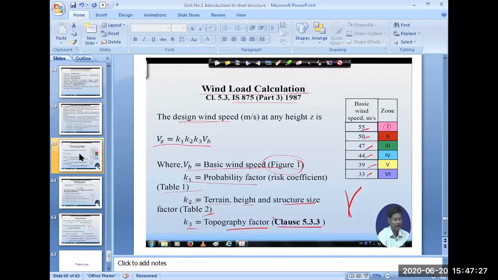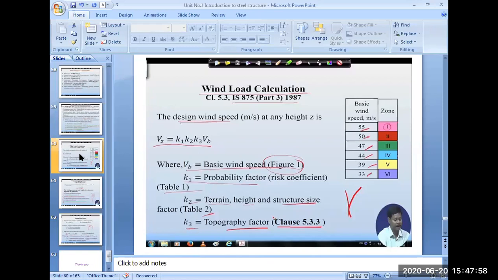But while designing the steel structure, the lengthy and very important calculations are the wind load calculations. Because we are designing these steel structures for industrial purposes, and the length and width of the industry is very high, the impact of wind load is very high on our steel structures.